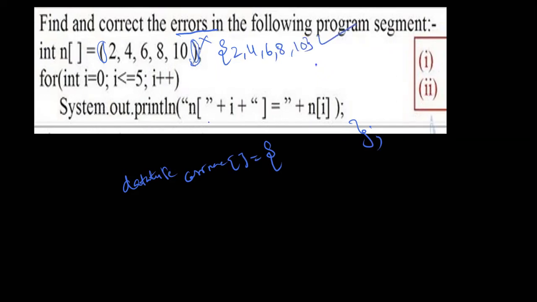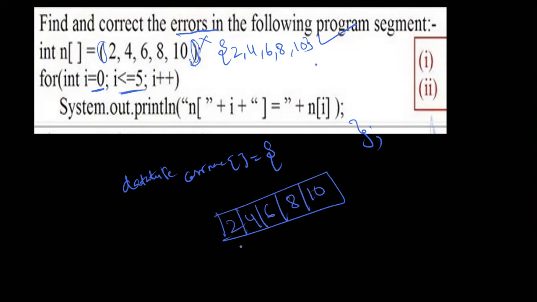Next, here they have written a for loop from 0 to less than or equal to 5. We have only 5 elements, 1, 2, 3, 4, 5. What are our index values? 0, 1, 2, 3, 4. What is the last value? 4. If we try the next element, it will give array out of bounds, meaning we are crossing the boundaries.